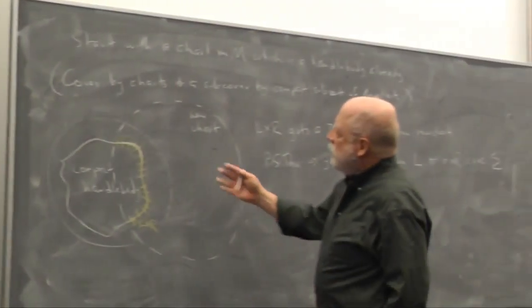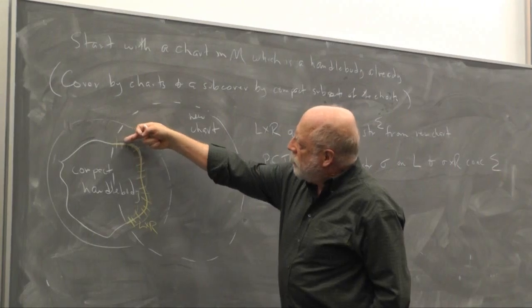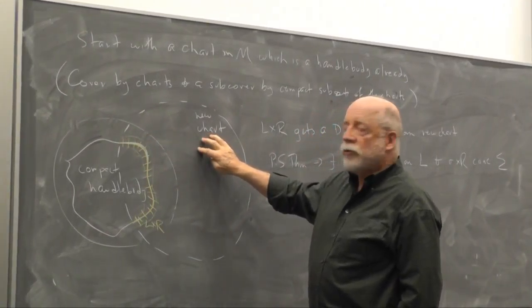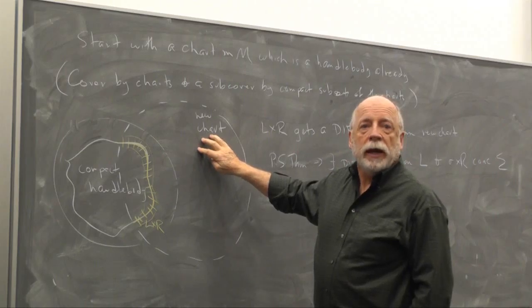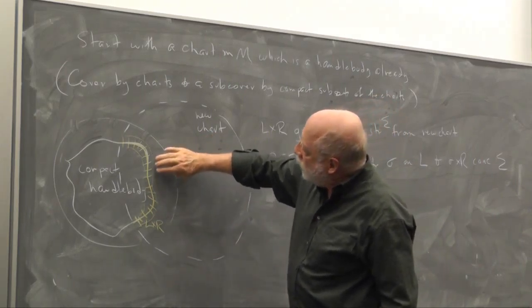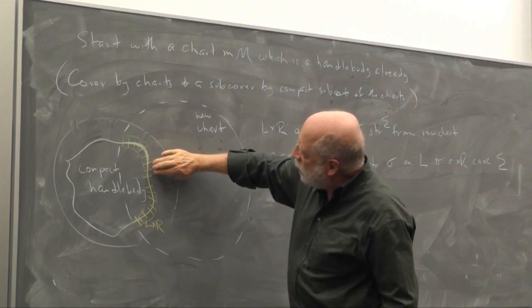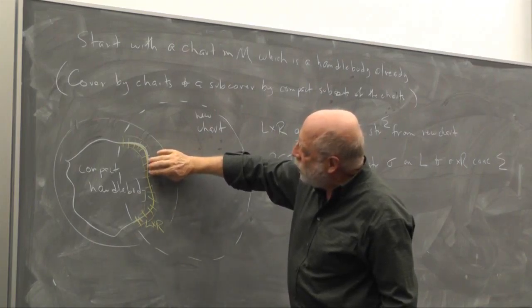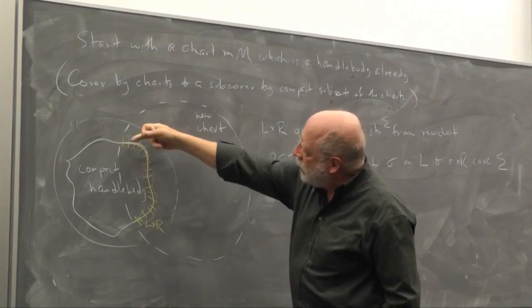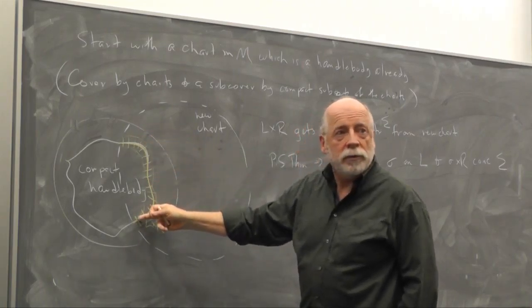So here, I think the easiest way to say this is to keep this the way it is and change the differential structure on the chart. And if you're going to change it, you don't want to change it everywhere. You just want to keep it the same, and then in this little collar neighborhood, you begin to change it across a little bit of the collar, and then that becomes smooth.